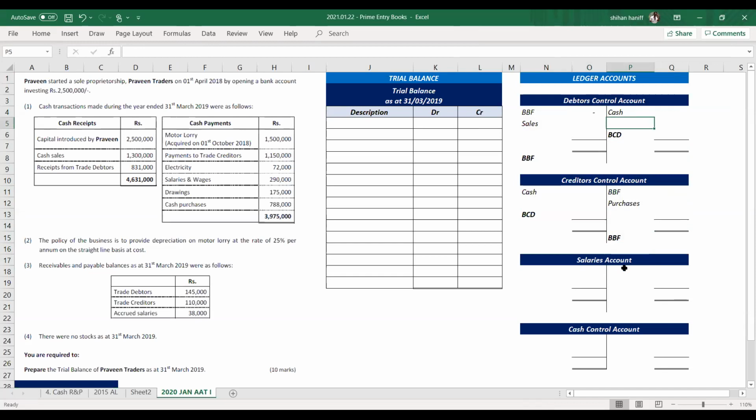Debtors control account. No opening balance. Cash received from the trade debtors 831,000. Then the closing balance is given, 145,000.